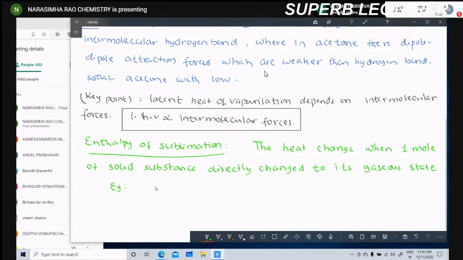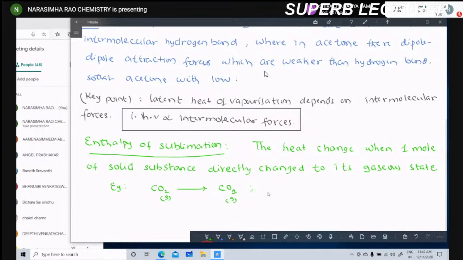Dry ice, solid CO2, is converted to gaseous carbon dioxide. For this process, due to weak intermolecular forces, the value is very low.